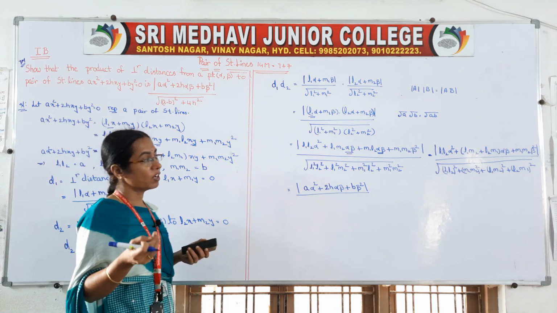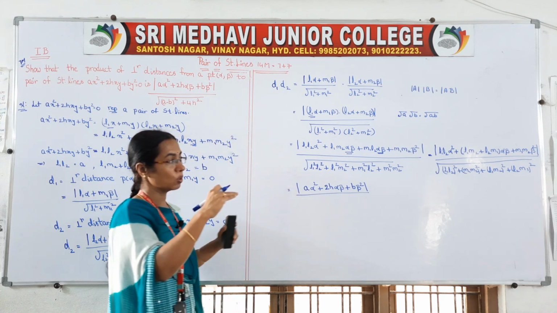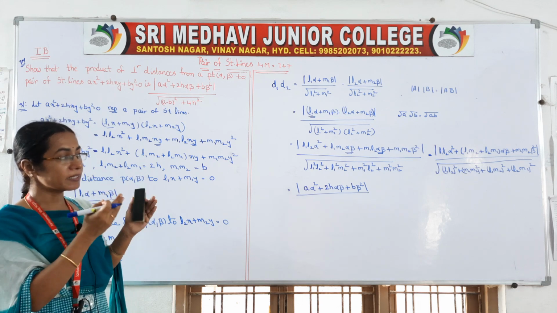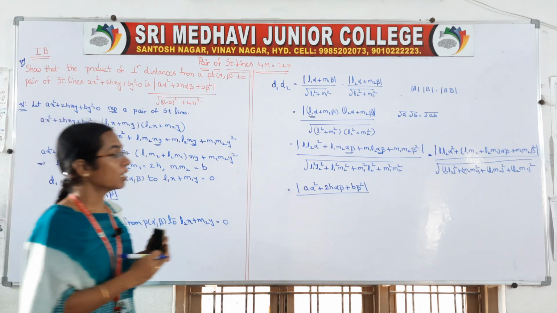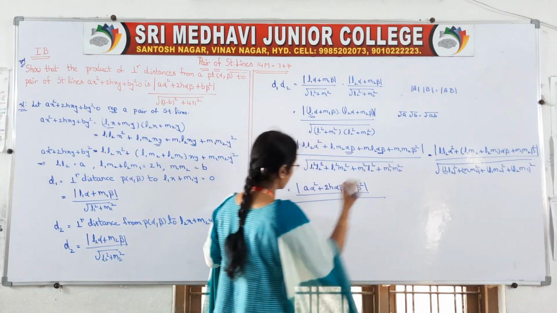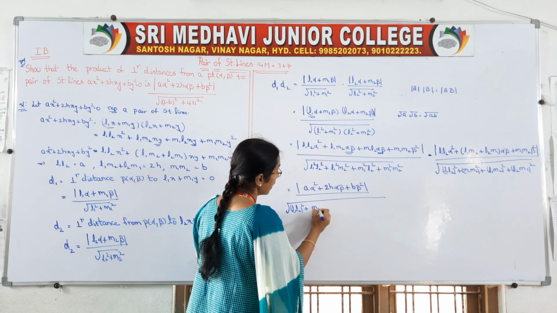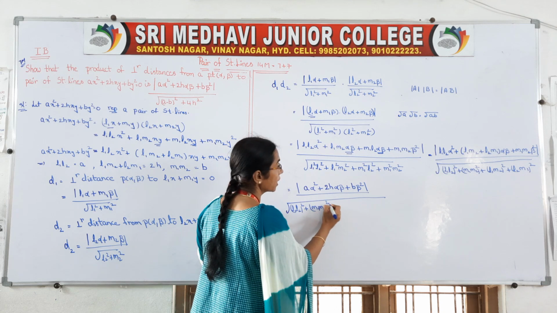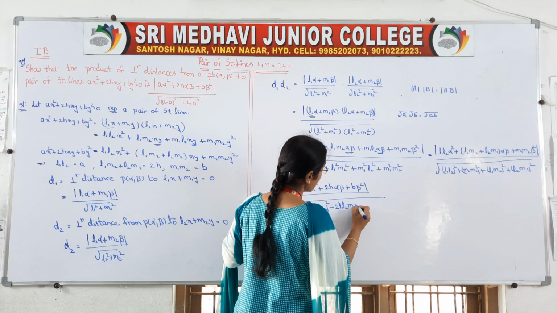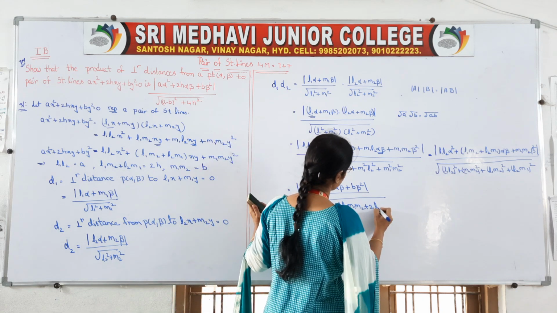To get that, we need (L1 L2) whole square plus (M1 M2) whole square minus 2 L1 L2 M1 M2. That is needed, but it is not there inside the root. That's why we will subtract and add that value. So (L1 L2) whole square plus (M1 M2) whole square minus 2 L1 L2 M1 M2, subtracted and added, it should be balanced, isn't it?